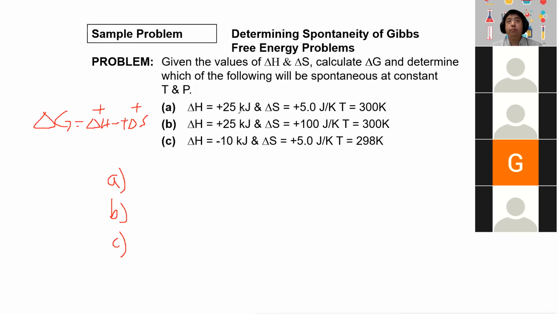Something I want to point out though, what unit is this? And what unit is this? You want to make sure you convert it to the same units, okay? So the answer should have been 24,000 joules or 24 kilojoules. And if you got 23.5, it's about the same. And this is a positive value. So is this spontaneous or non-spontaneous?